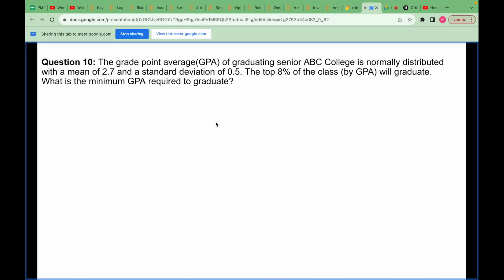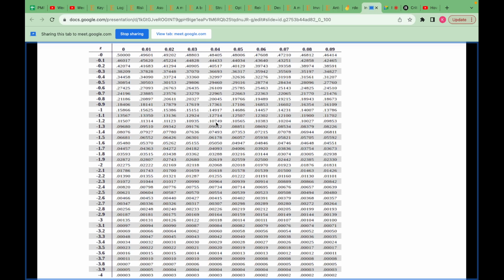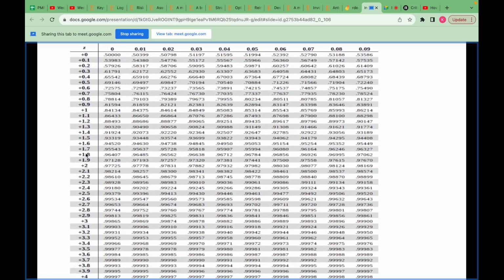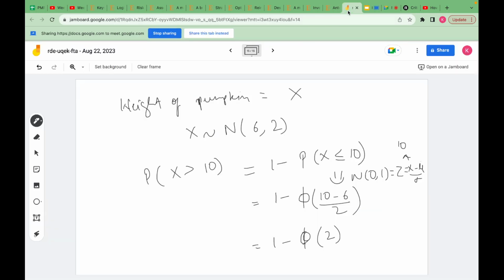We will use this z table to see what is the value of psi 2. So these are the z values, these are negative values, this is positive. For z equals 2.0, this is 0.97725.